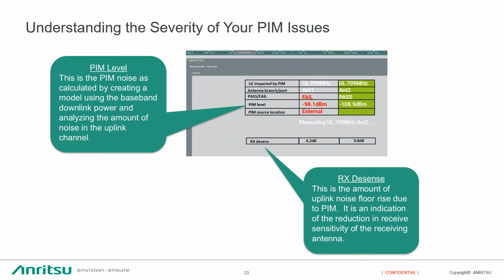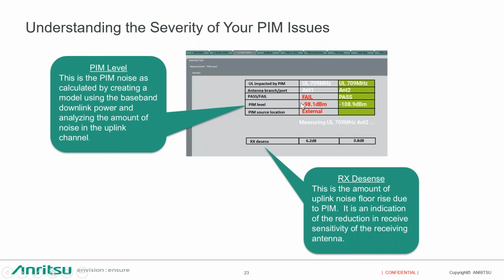The PIM level is a degree of severity, and you can set the thresholds according to your own network requirements. But if you're able to look at multiple uplinks and multiple downlinks and have PIM reporting on each uplink, there's a signal processing model that the IQ FiberMaster uses to determine the PIM level.